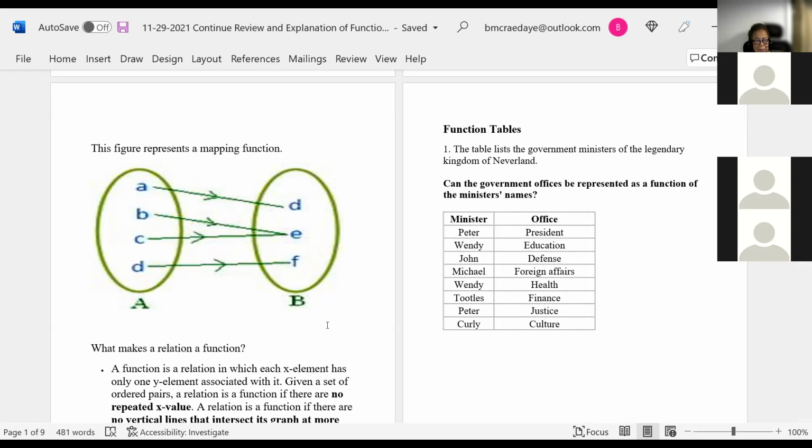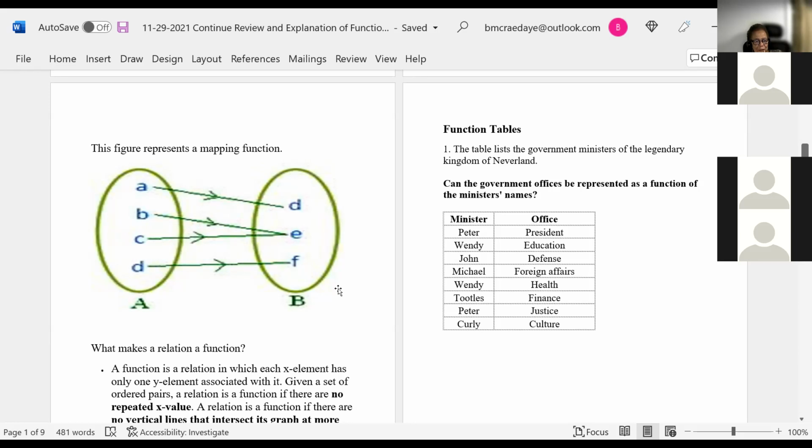You say I can't have two elements matching to one? Well, you can't have duplicates. In other words, A, B, and then B again, mapping to a different element. You could have B, E, and then put B here again and say E, and that would be okay. But you can't say B, E, and then have B, G. It can't be different.